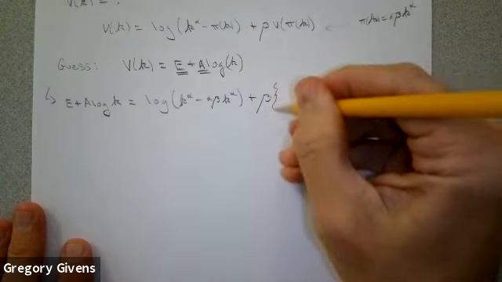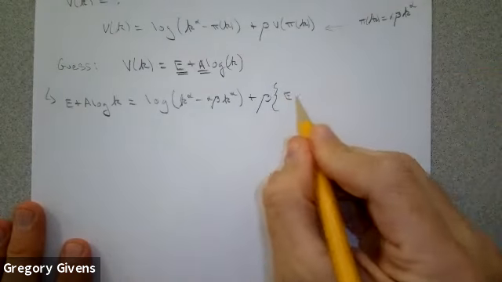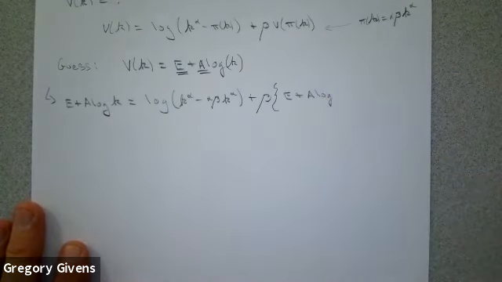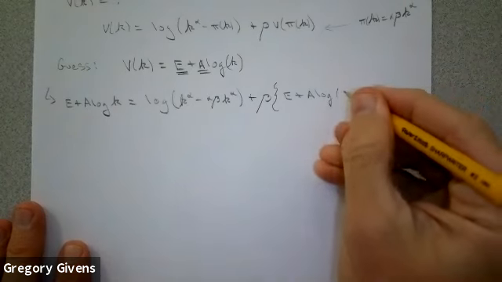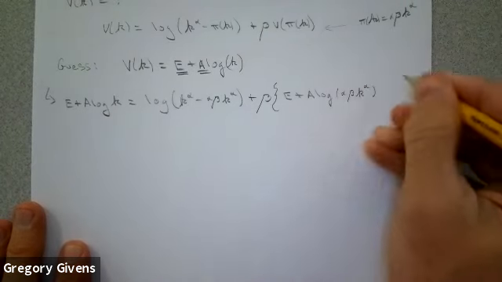Well, what's V of pi of k? That's going to be equal to E plus A times the log of pi of k, which is alpha beta k to the alpha.